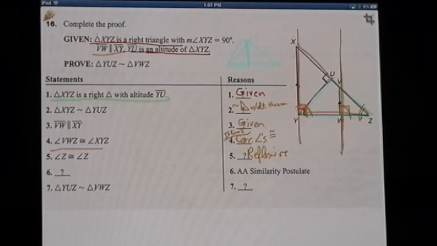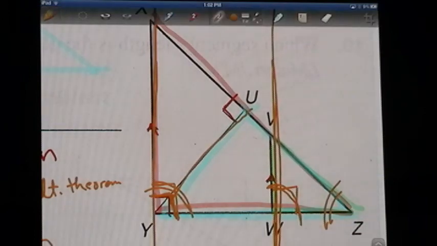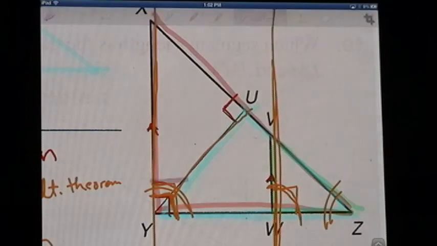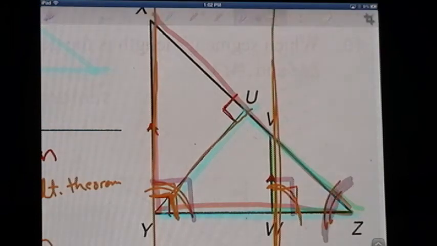Okay, now something by the angle-angle similarity postulate. Well, let's see. I just marked, let me do this with some highlighter, I'll do it in purple highlighter, a right angle here and a right angle here and an angle here.